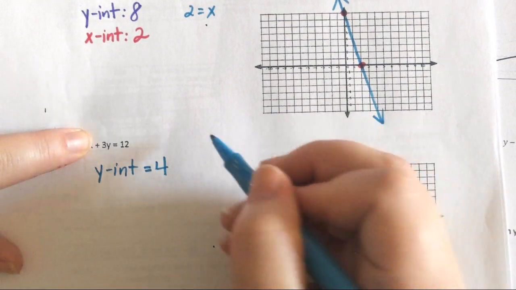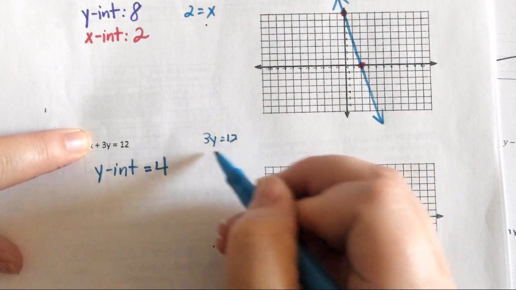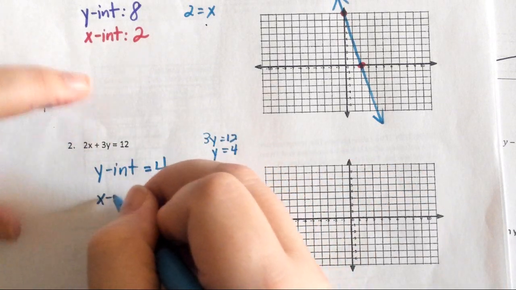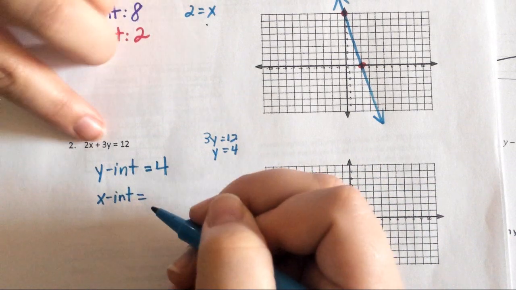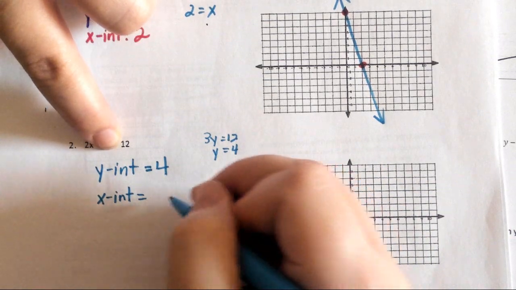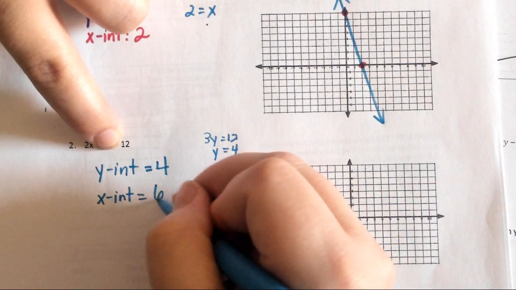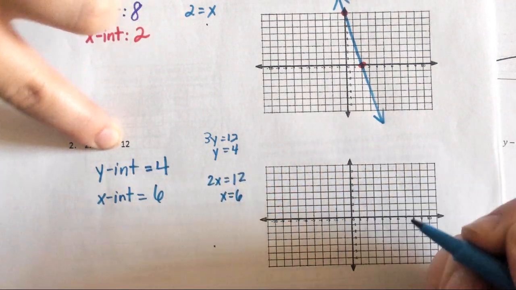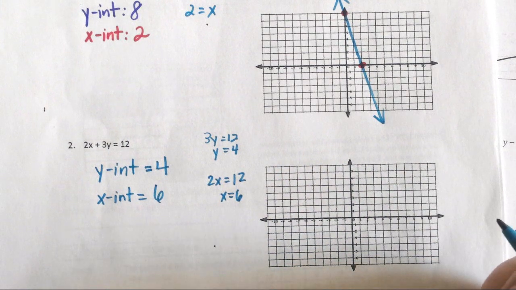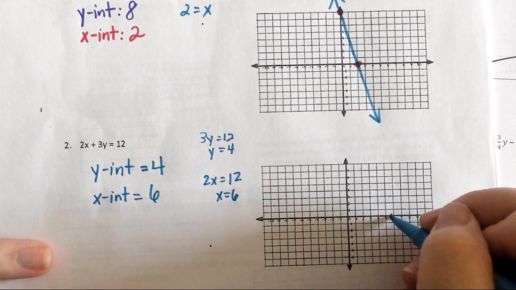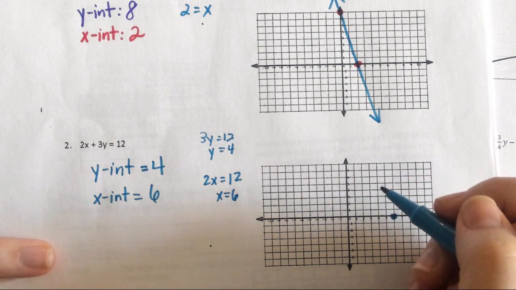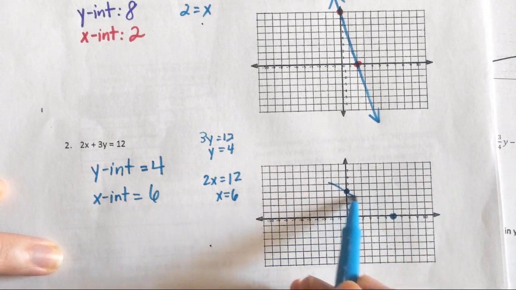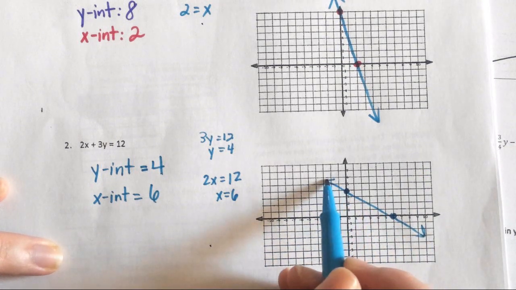So 3y equals 12. So I have y equals 4. So the y-intercept is at 4. And then the x-intercept, I'm going to do the opposite. I cover up the y piece, and I have 2x equals 12, so x equals 6. And then you really don't have to write anything. I just graph those 2 points. My x-intercept's at 6. My y-intercept is at 4. I do my best to connect those dots as pretty as I can. And I call it a day.